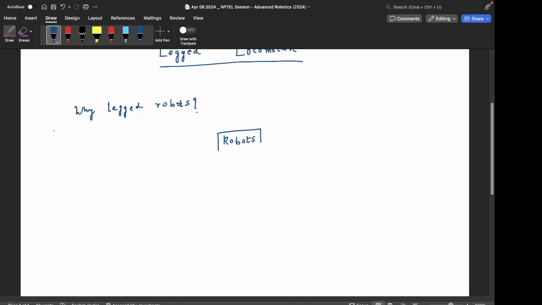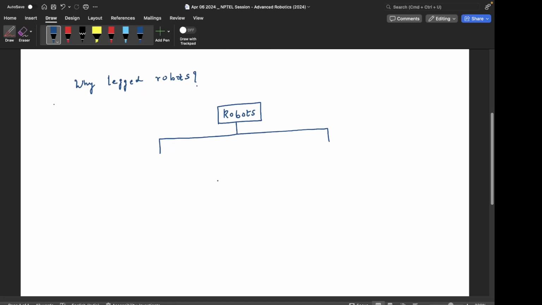So we have robots, and then we can classify them into two types. One is fixed, in which all the fixed base manipulators fall, which we have seen till now, and other category is mobile.